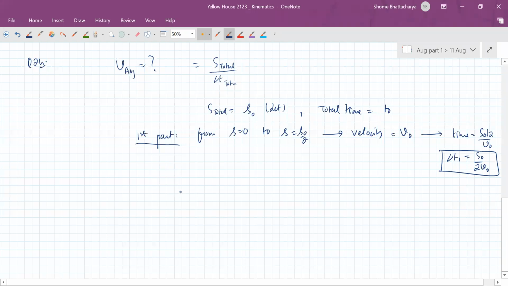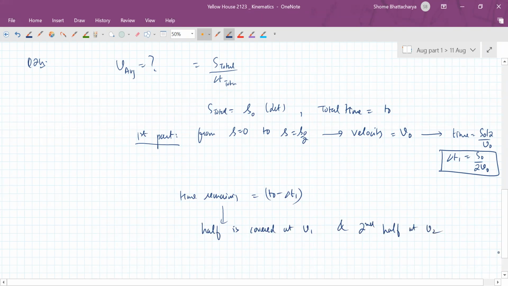How much time is now remaining? Time remaining is t naught minus delta t1, the total time minus the time that is gone. Of this remaining time, half is covered at v1, and the second half at v2.